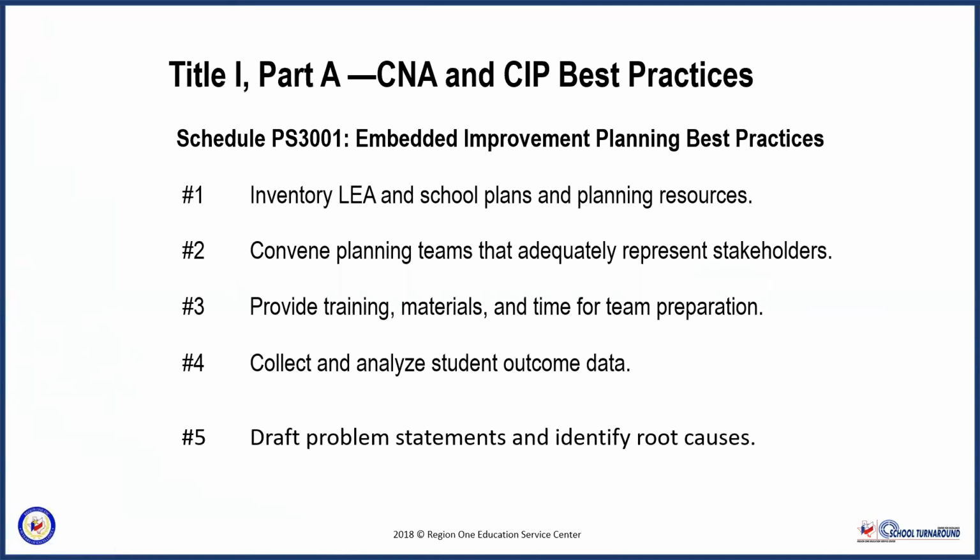So under the PS 3001, the Embedded Improvement Planning Best Practices is to look at your LEA and your school plan and your planning resources. These are just some best practices to use with the CNA and the CIP. Planning teams meet, and those planning teams have a wide array of people that represent different stakeholder groups: special education, reading, math, all the different stakeholder groups that you're going to have on a campus or a district.